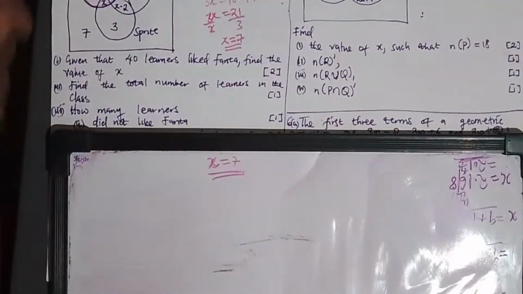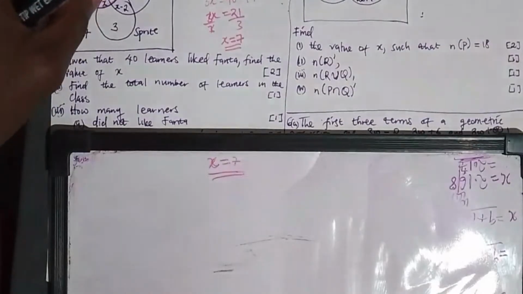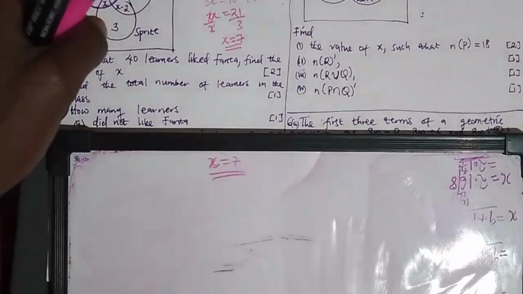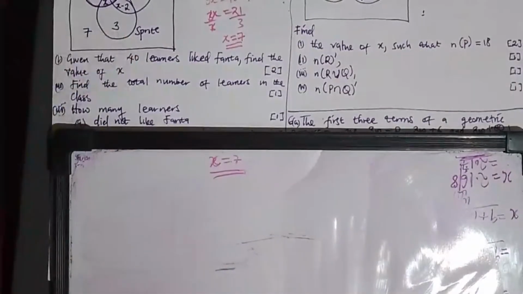So remember, Fanta, you already know how many learners are in Fanta. So no need of again saying 17 plus x plus 2 plus x. No, we have already gotten our answer, which is 40.